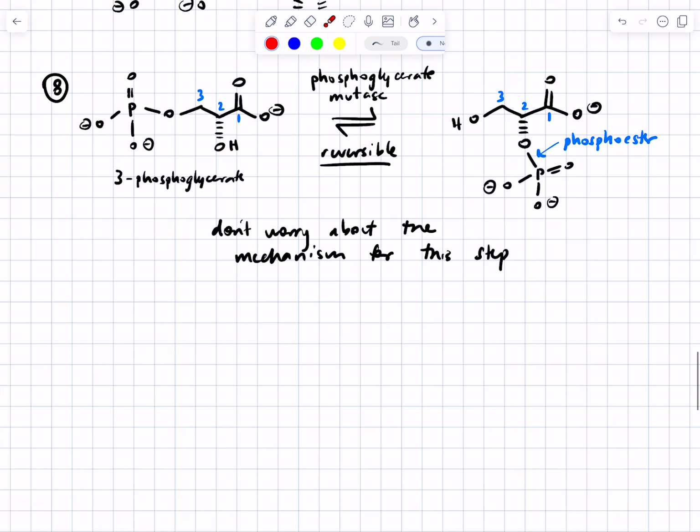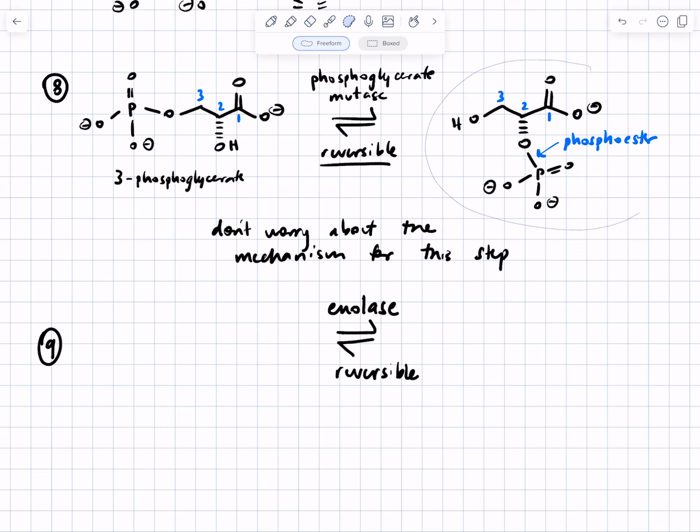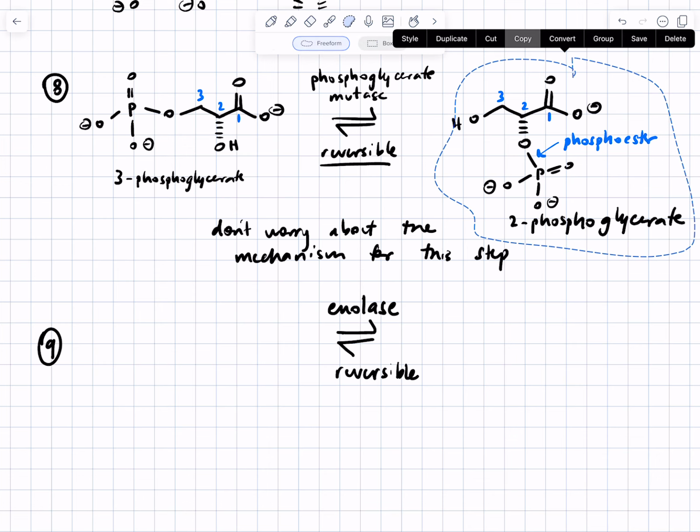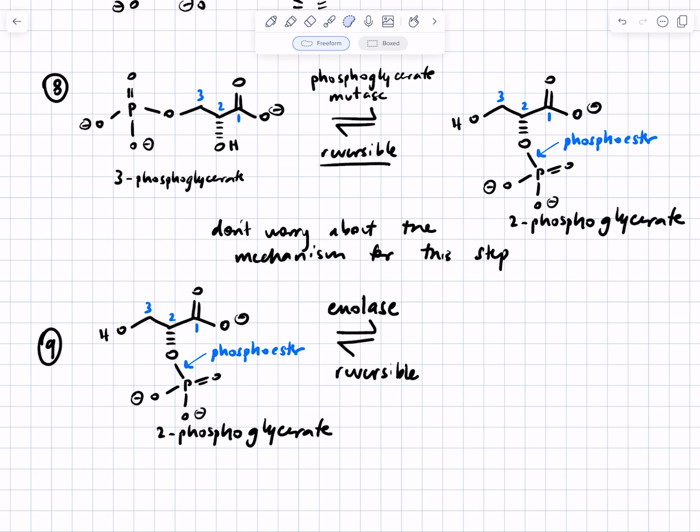Okay, step 9. Before we draw what the mechanism is, I'll write down the name of the enzyme. It's called enolase. It's essentially, again, reversible. You start with this now 2-phosphoglycerate, because the phosphate group is on the C2 hydroxyl. Based on the name enolase, what do you predict is going to happen in this reaction?